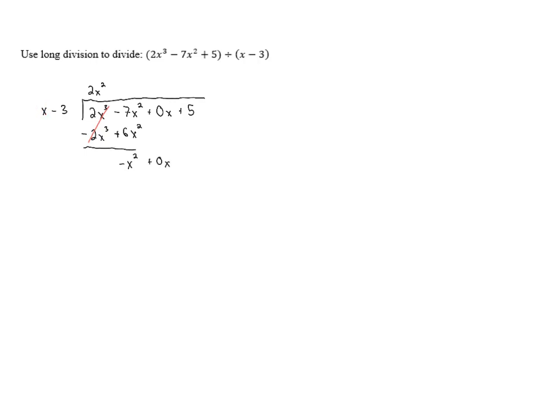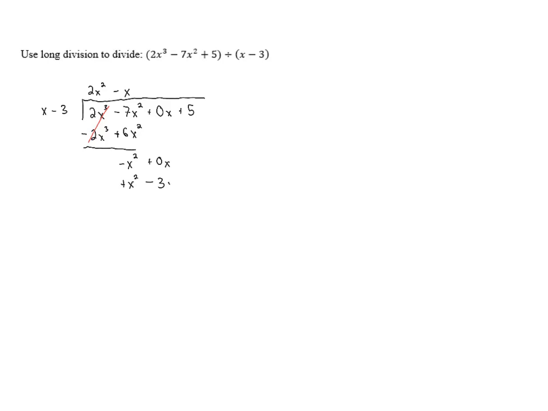What does x get multiplied by to become negative x squared? The answer is negative x. Negative x times x is negative x squared. Negative x times negative 3 is positive 3. But because we're subtracting this, when we distribute the subtraction, we change the signs. So the first term becomes positive, and the second term becomes negative.